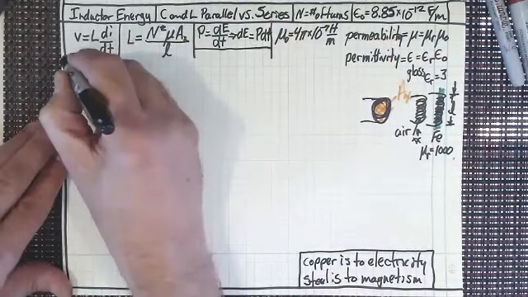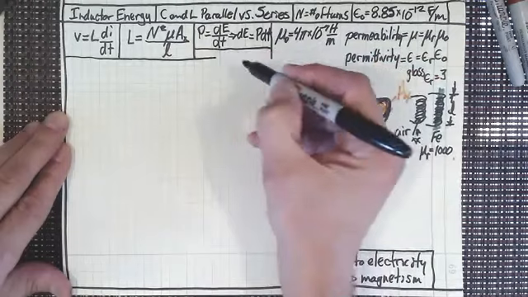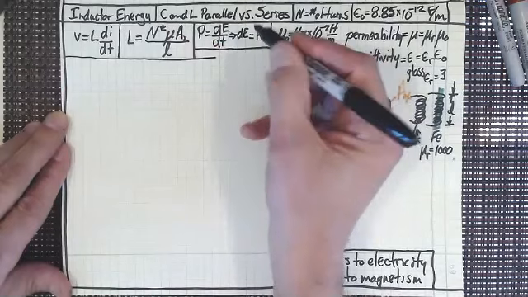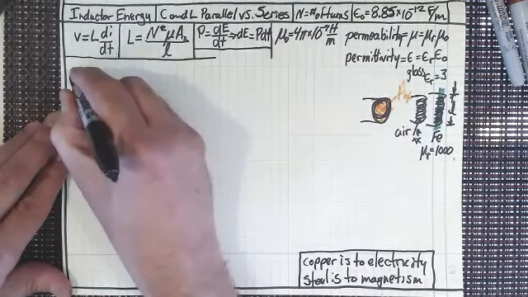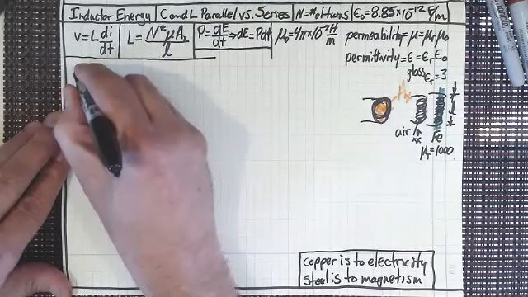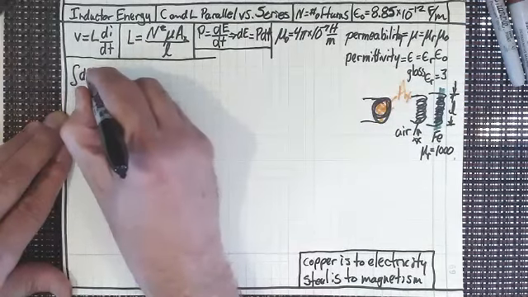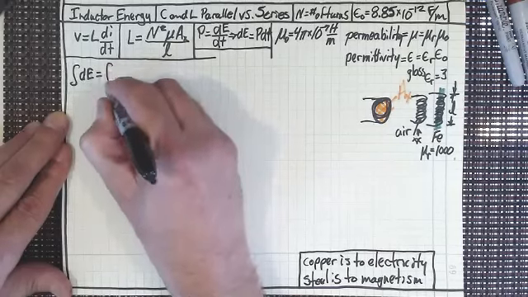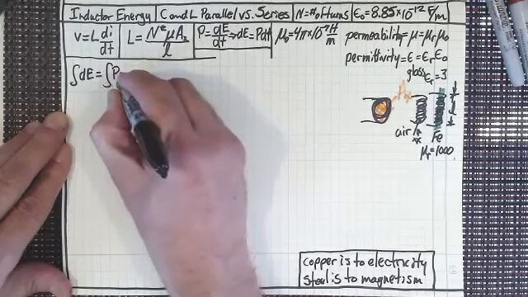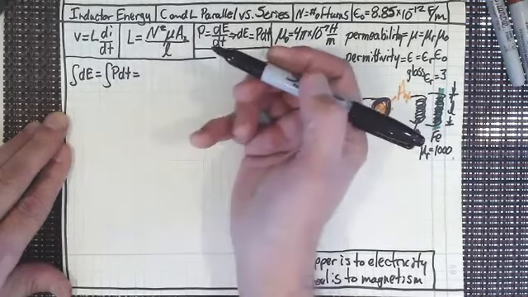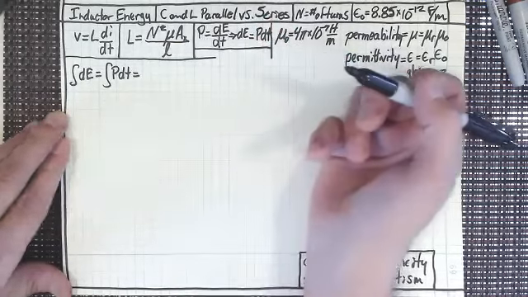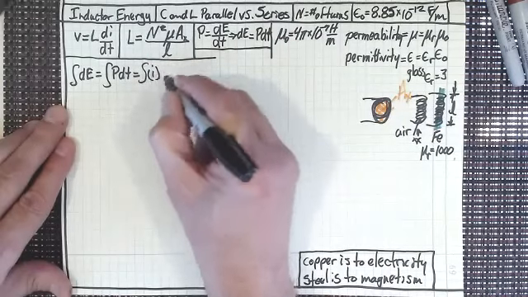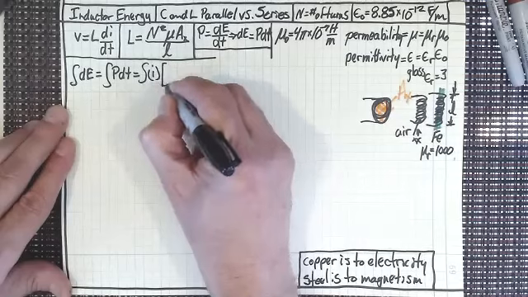And if I wanted to, let me just draw a line along here. Oh, that wasn't too good, was it? So if we wanted to find the energy included in this, that would be the integral of the differential energy, and that would equate to the integral of P times dt. And P is just V times I, so that would be the integral of I times V. We've got V right here.